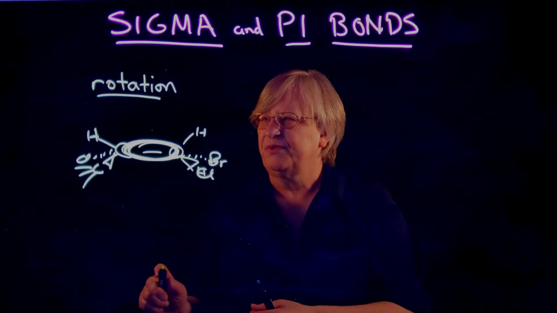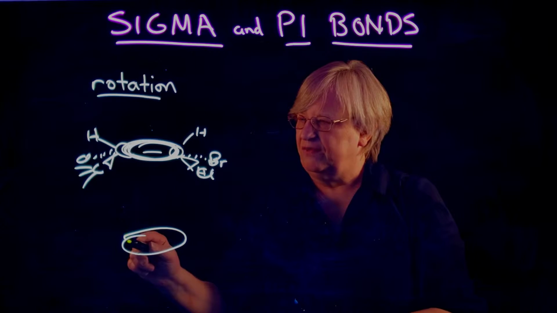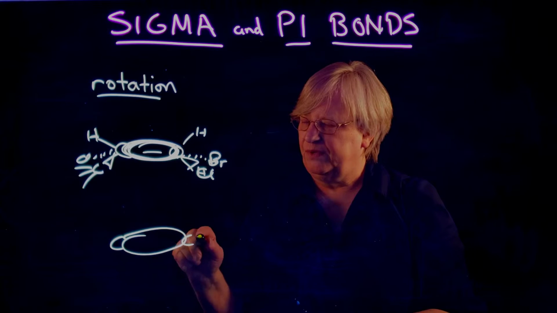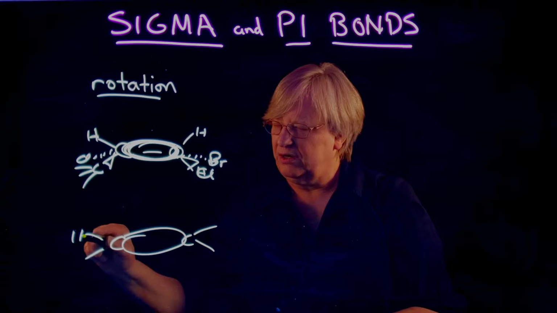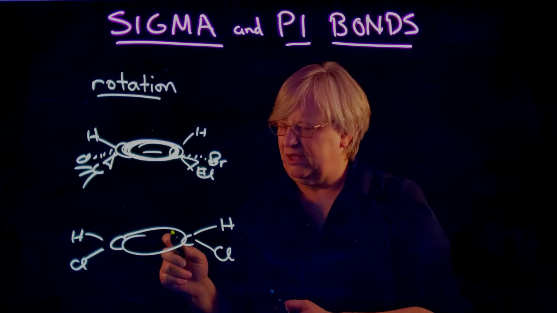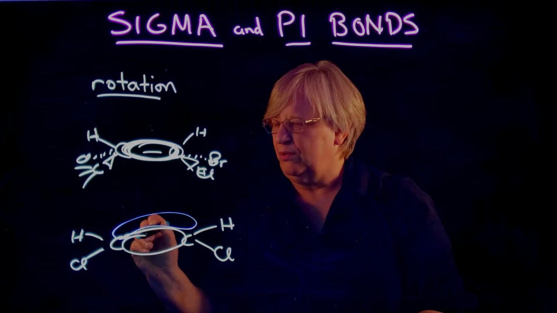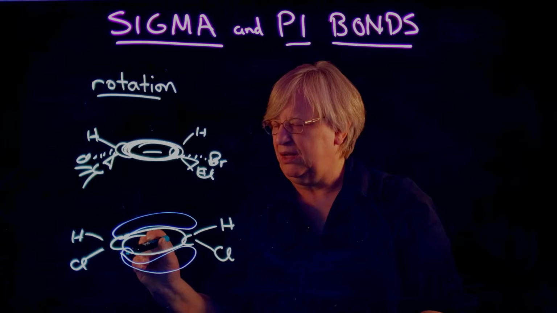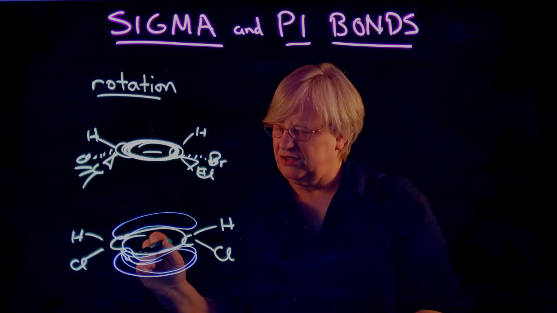That's important. Around a double bond, however, we have the single bond in the middle. We have only two things attached to the outside: hydrogen, chlorine, chlorine, hydrogen. And then we have this big lobe up top and bottom. It's kind of lopsided, okay? It's actually very symmetrical.